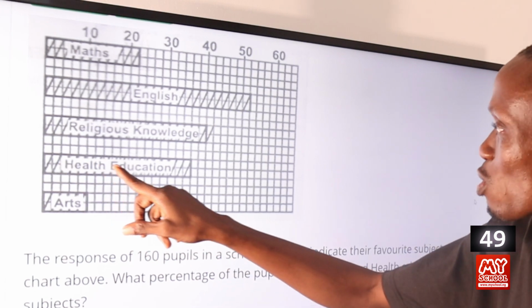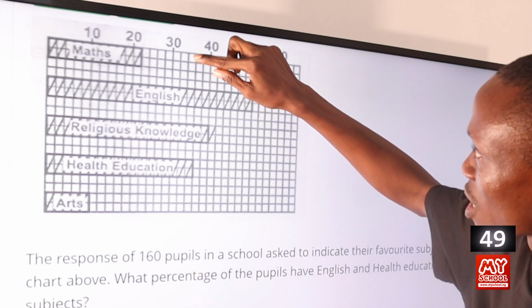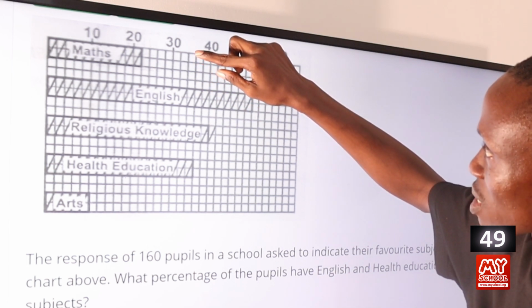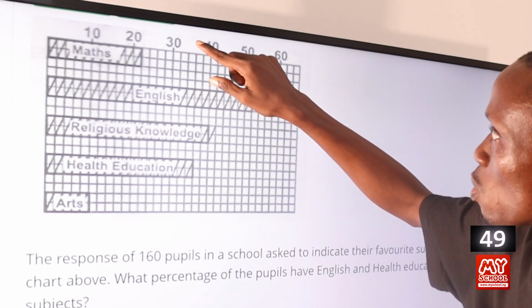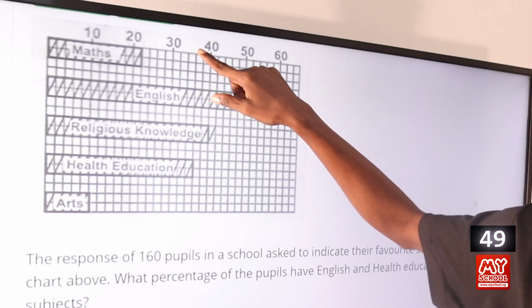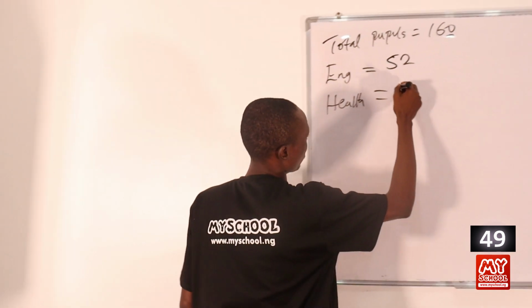For health education, this is where the number stopped, right? If we trace it up, that will be 3 bars from 30. So 3 bars from 30 will be 32, 34, and 36. That is 36 students. So let's return back to the board to provide the answer to this question in full.